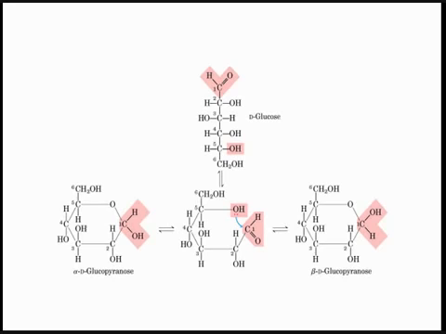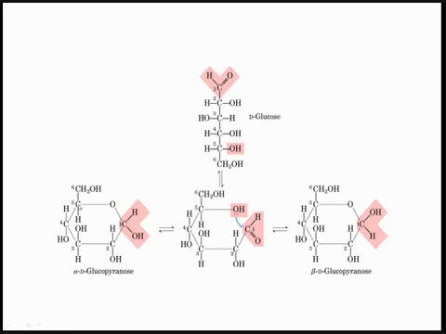Now here you can see how they interconvert. This is D-glucose. The OH at carbon 5 reacts with the O at carbon 1, and there is a loss of the double bond because the OH comes and sits over here. A single bond is created, and the O will be hanging in the middle.